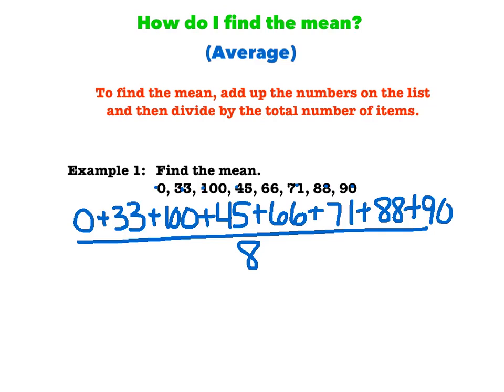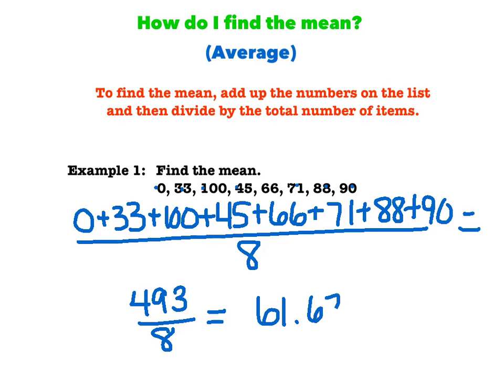When I add them up on the calculator, I get 493 all over 8. And now I'll take the top number divided by the bottom number, and I will get a total of 61.625. So our average, or our mean, is 61.625.